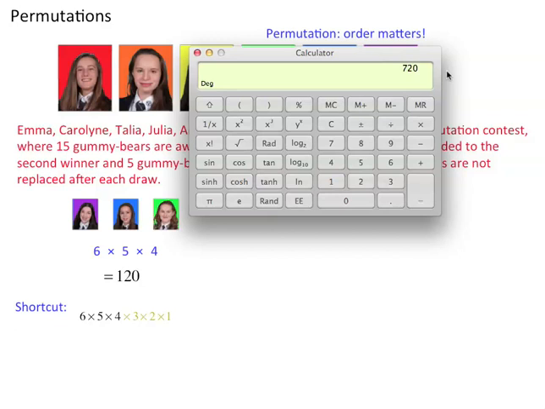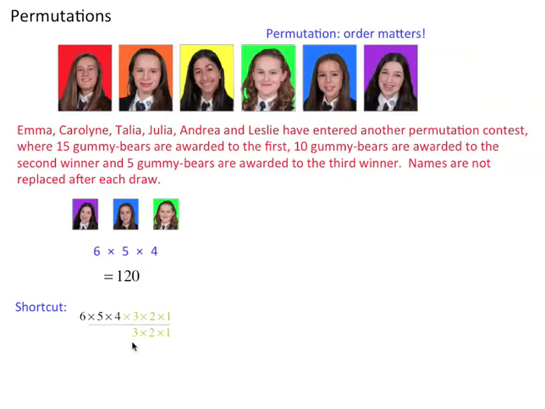But we just want to do 6 times 5 times 4. Okay, so what we can do to get rid of the 3 times 2 times 1 is divide by 3 factorial, right? Like that. Because we're only interested in the 6 times 5 times 4. We're not interested in the 3 times 2 times 1. So we're going to divide by 3 times 2 times 1. Okay? So our shortcut is we're going to write 6 factorial over 3 factorial.